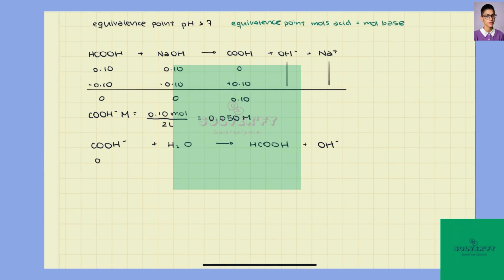We start off with 0.050 molarity of COO minus. We can disregard our water, and we will have 0 on the right side. Then our change would be our unknown, which is x. And then we will have our final results.